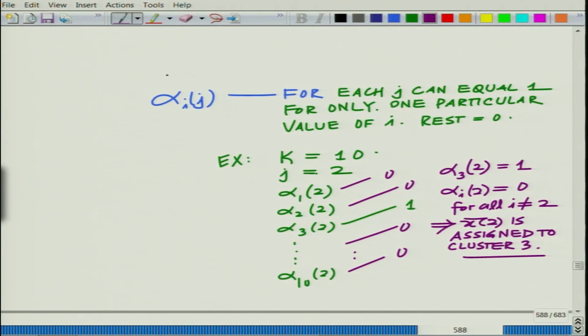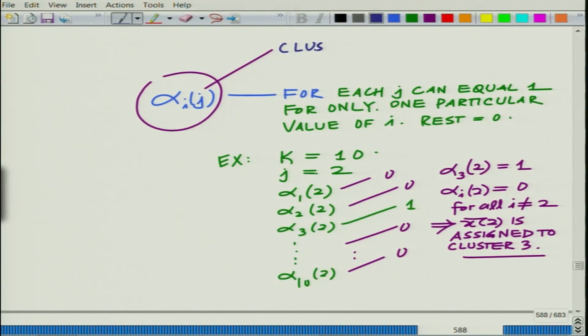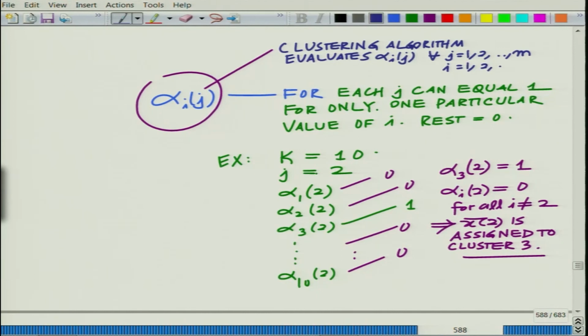So essentially the clustering algorithm is nothing but computing this. What the clustering algorithm does is compute these alpha i j's. Remember, that is what you want to have at the end of this algorithm: for each point, a cluster assignment, for all j equal to 1, 2, up to m and i equal to 1, 2, up to k.